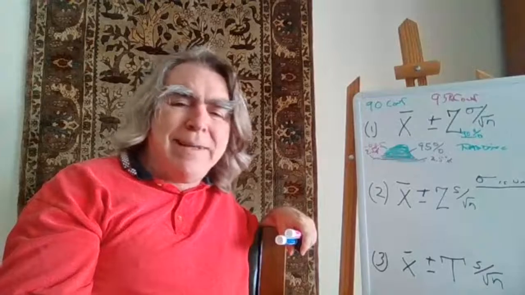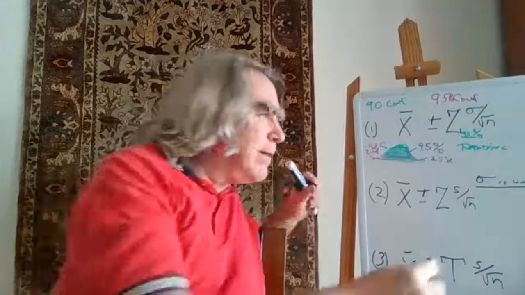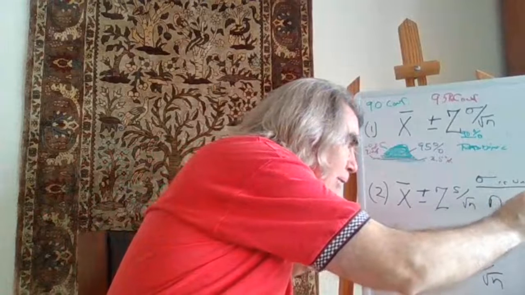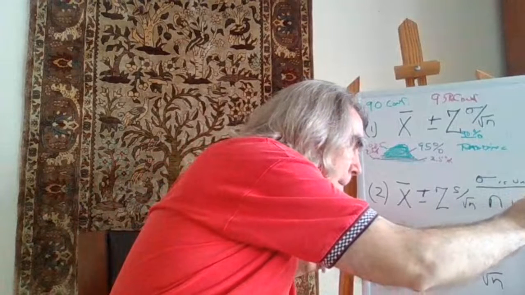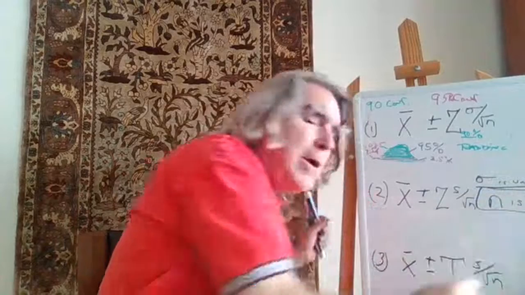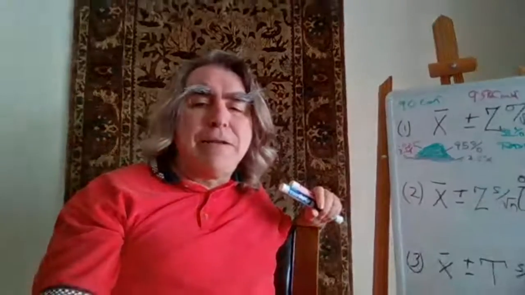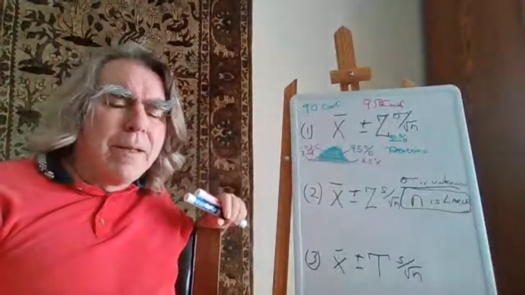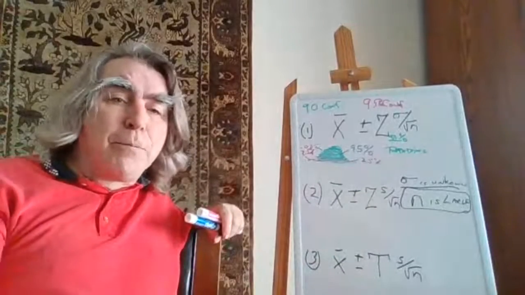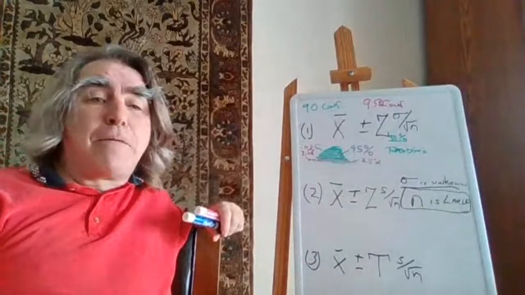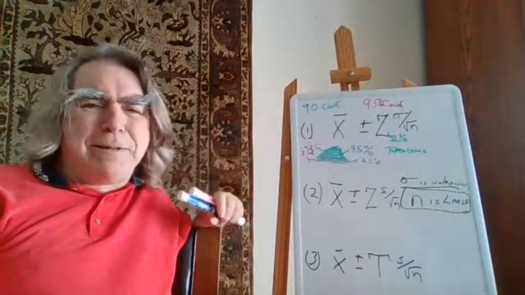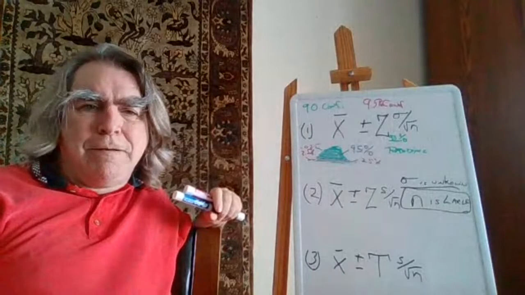Well, you can only do this when n is large. If n is large, we can feel relatively comfortable that our estimate for sigma is going to be reasonably good.